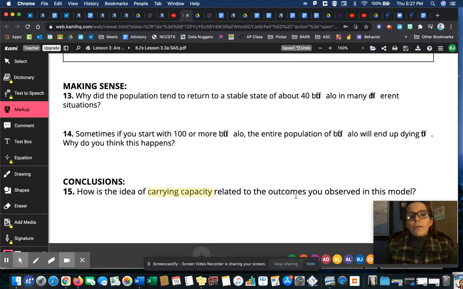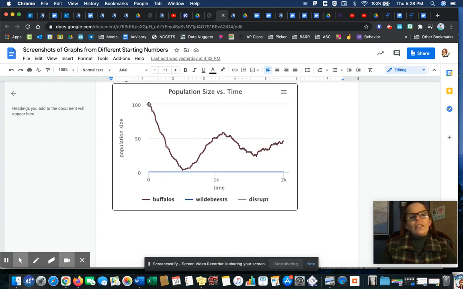So let's just look at question 15. I'm not going to say much more than that, but how is the idea of carrying capacity related to the outcomes you observed in this model? So carrying capacity is the maximum number of animals that the environment can support before they start running out of food and dying. So we know, for example, by looking at this graph, that the environment can't support 100. Look what happened.